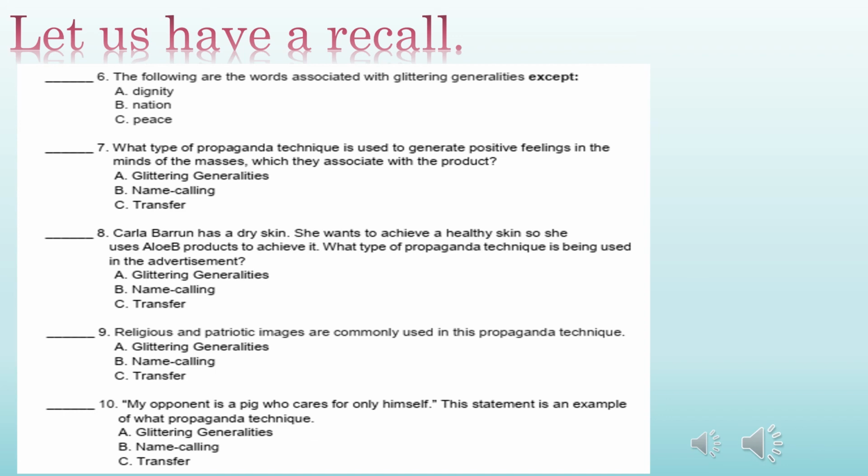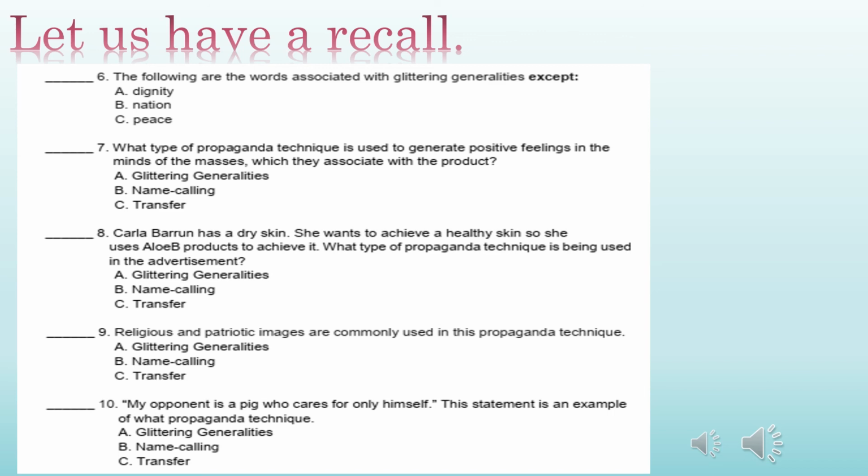Okay, the answer in number 6 is letter B, as in boy, nation. Because nation is more of a transfer. Okay, nation is a term that we use to show what? Nationality, about our country, while dignity and peace are virtues. Okay, these are the good words.